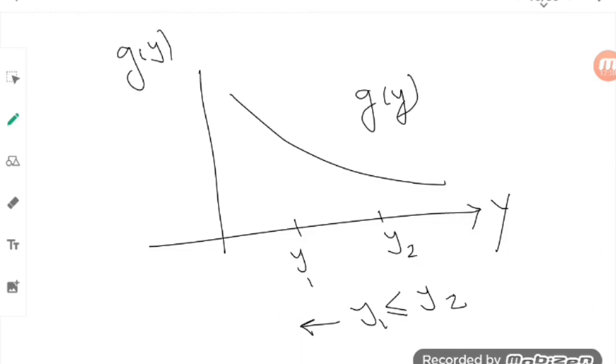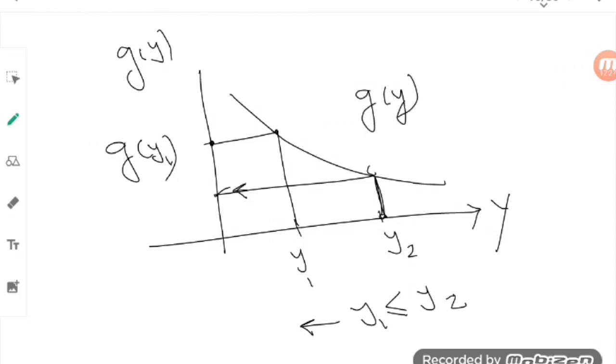If we try to find the value of the function at this certain point, we'll read this as g of y1. If we read this value on the function, this will give us the value of the function at y2.